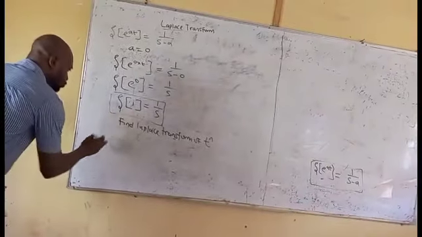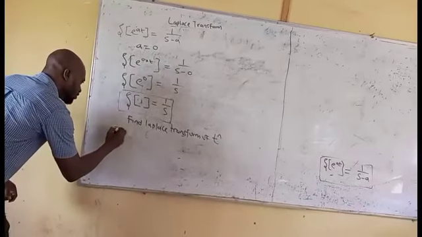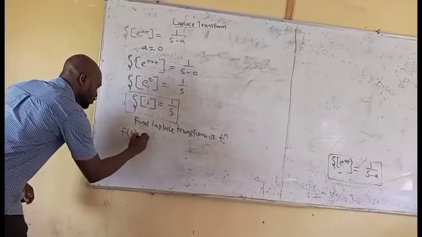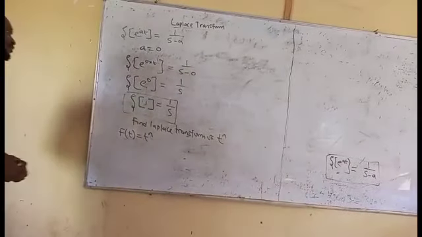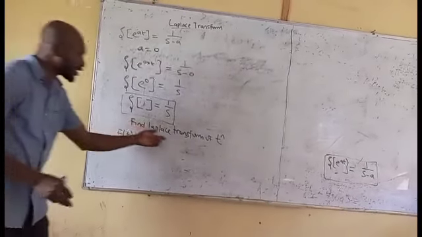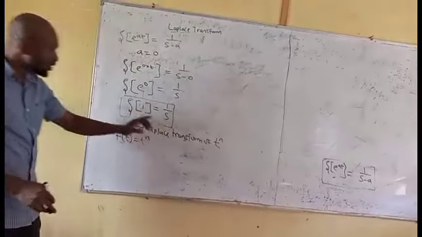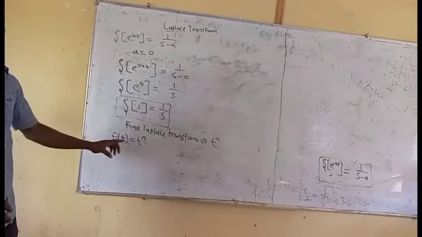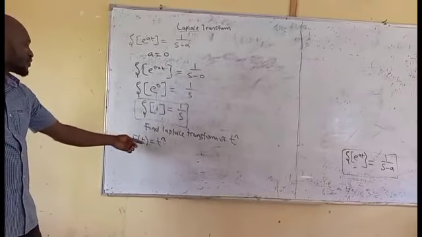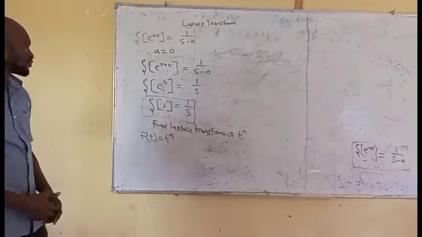Now, you should also know that your f of t will be t raised to the power of n. Since you are asked to find the Laplace transformation of t to the n, just know that this value, t raised to the power of n, will be your f of t. So therefore, your f of t is t raised to the power of n.